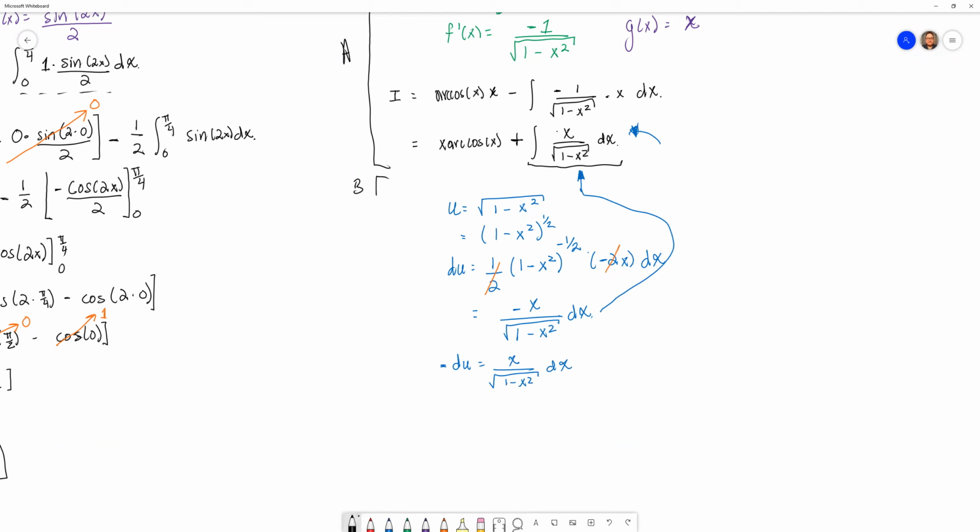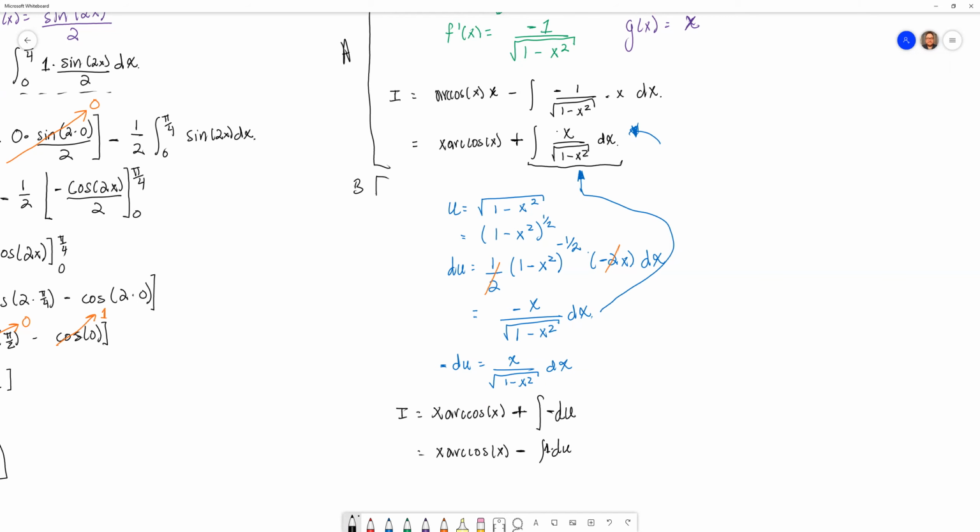And so our I becomes x arc cos of x plus the integral of negative du, and nothing else, because that du contains everything within there. So we actually get x arc cos of x minus the integral of du, which is just 1, right? Sorry, there is a 1 here.